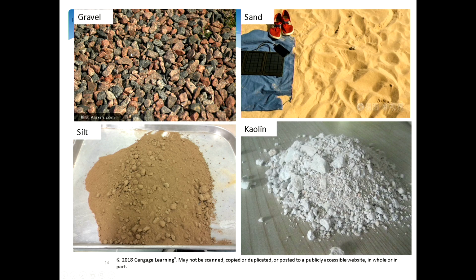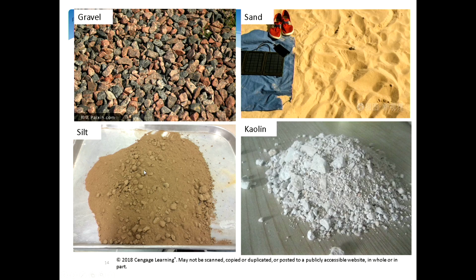In here is gravel. The size of gravel is usually higher than 2 millimeter. So you can see a 2 millimeter particle, right? Even sometimes for sand, less than 2 millimeter, right? But for silt and kaolin, you need to put a lot of particles together, get a pound of soil, then you can see it clearly.